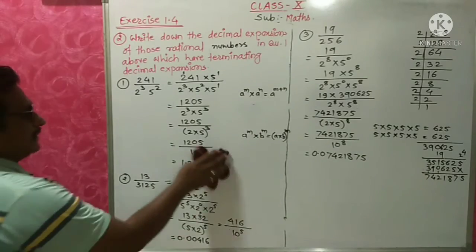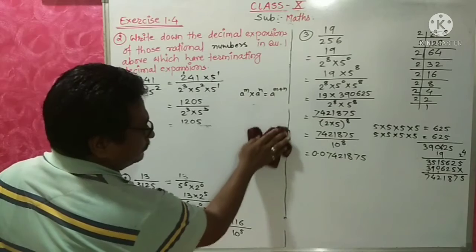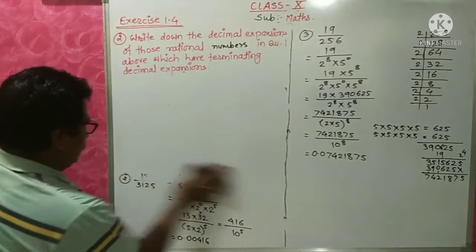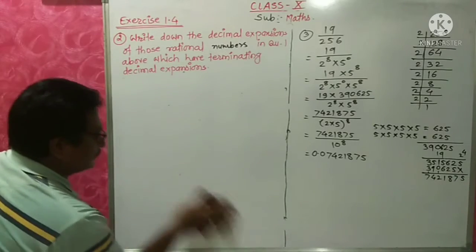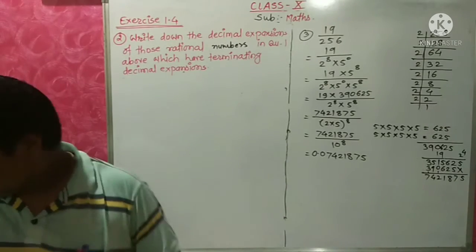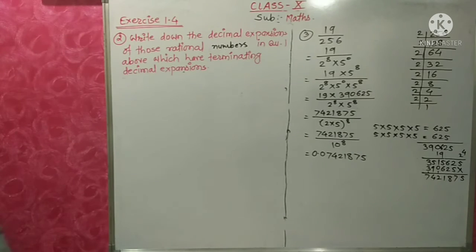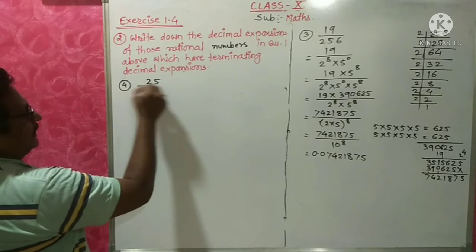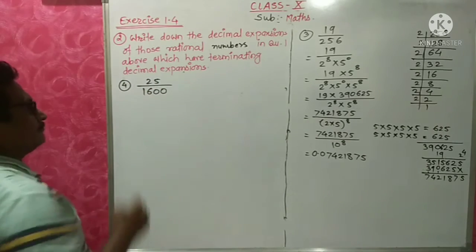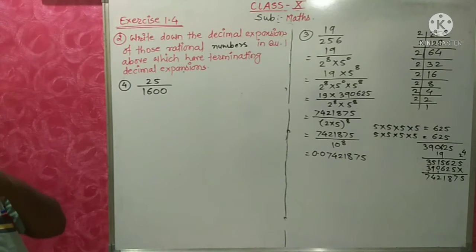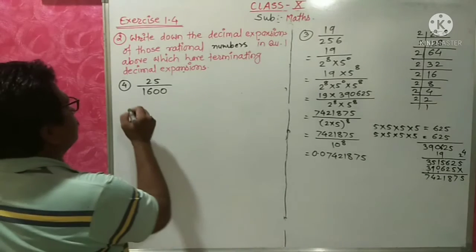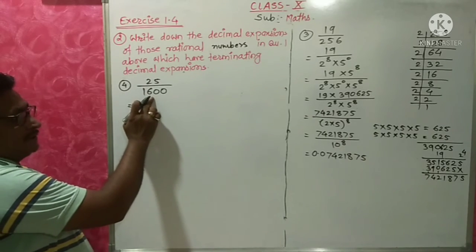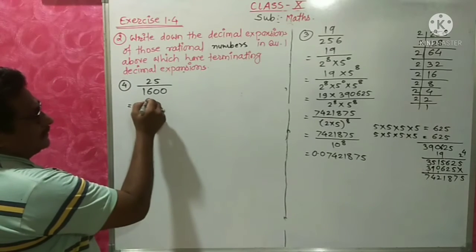So another example again we will discuss. See, fourth example: 25 by 1600. This example. So now here, first we have to convert the denominator into prime factors.